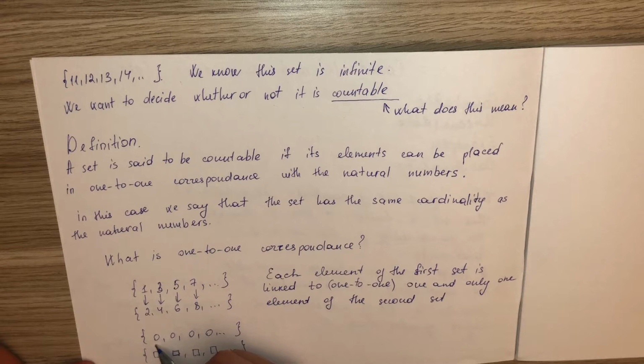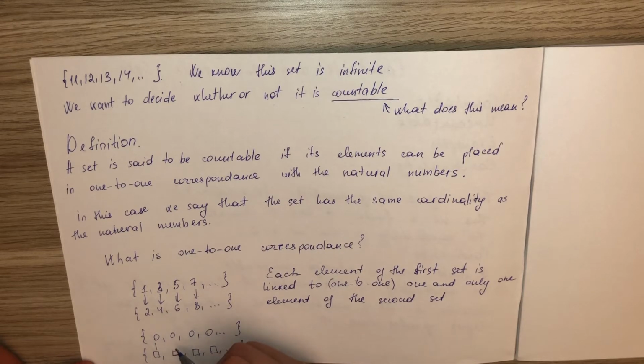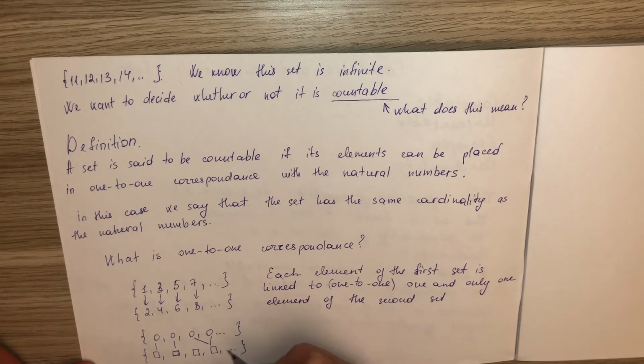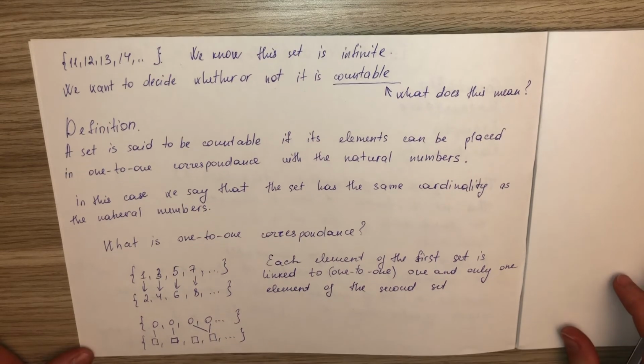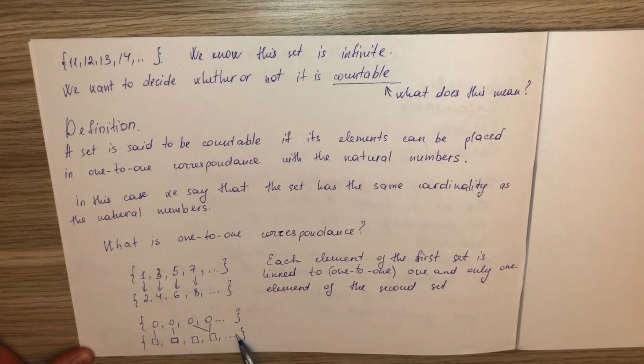Suppose that the correspondence between them is like that. Okay, this is not one-to-one correspondence, because look at the second set. Here, yes, the first element of the first set is linked to the first element of the second set.